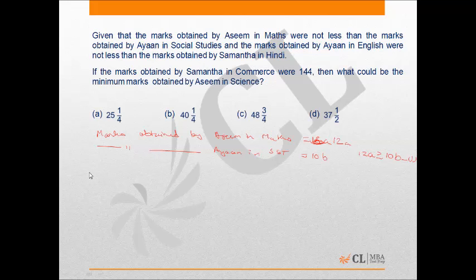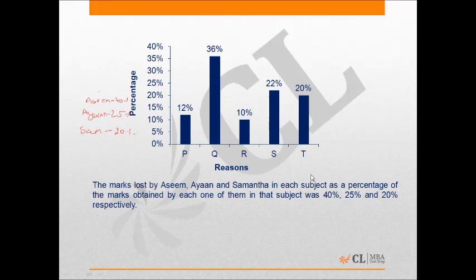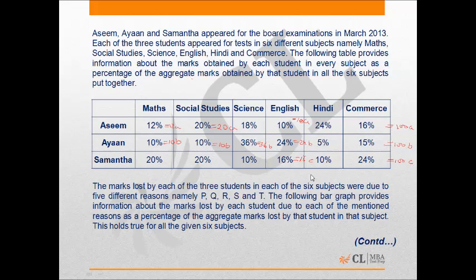Next, the marks obtained by Ayan in English were not less than the marks obtained by Samantha in Hindi. Let's figure out what are the marks obtained by them. Marks obtained by Ayan in English is 24B.